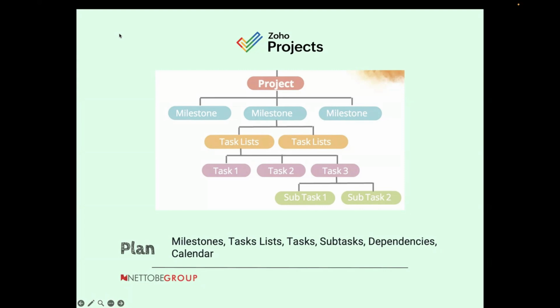A good rule of thumb: you don't always have to break it down this way, because it depends on the type of project. If you have a project that is going to take 3 to 4 months or more, I will always recommend breaking it down to milestones, task lists, tasks, and subtasks if necessary.